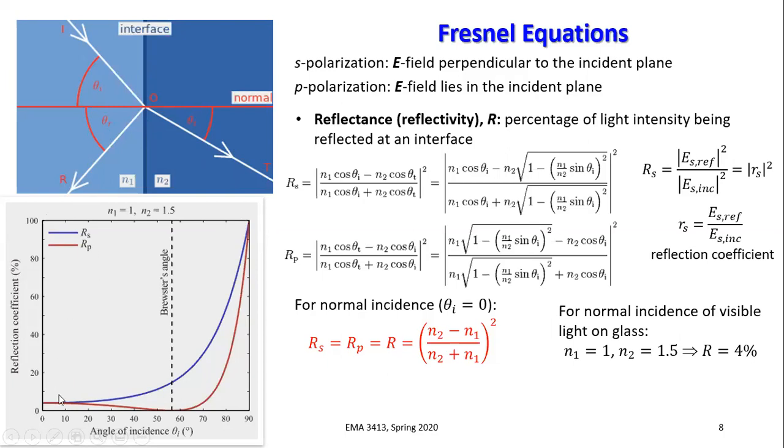For the P wave, eventually, you also get to 90 degrees and you have 100% refractance. Okay. However, somewhere in the middle, early on, the refractance actually goes down with the incident angle, and eventually can reach exactly 0 at some angle. We call this Brewster's angle. At this angle, the refractance for the P wave will be 0. And remember, the P wave is oscillating in this way.